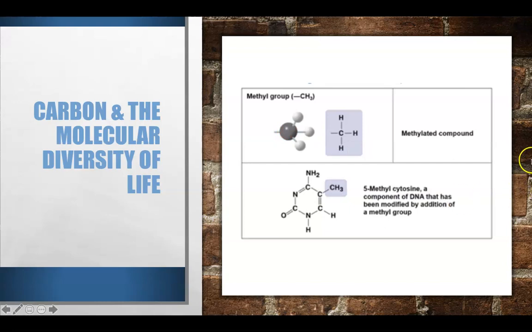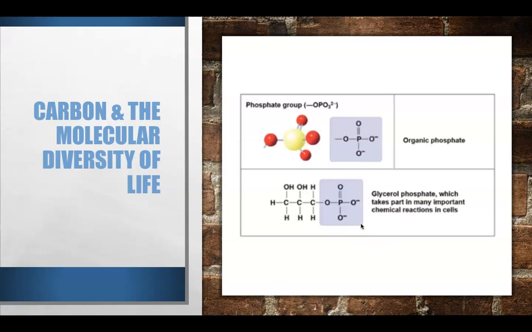Methyl group, CH3, a carbon with 3 hydrogens around it. We see methyl groups in a lot of compounds. Methylation is extremely important for identifying substances in a component of DNA. So it's been modified, which means the gene is either going to be turned on or off. We'll see a lot of methylation throughout the unit.